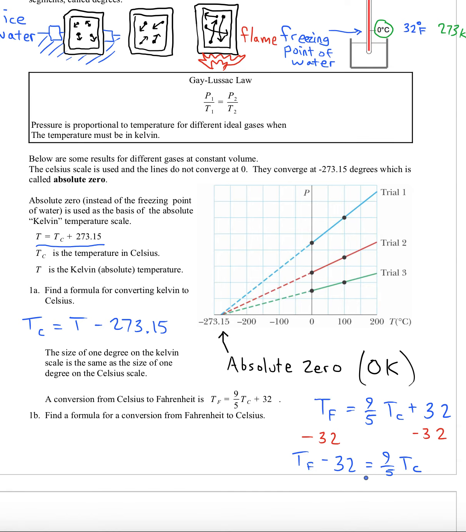The next step would be to multiply by 5/9 on both sides. That leaves us with our final formula. 5/9 times (TF minus 32) is TC.